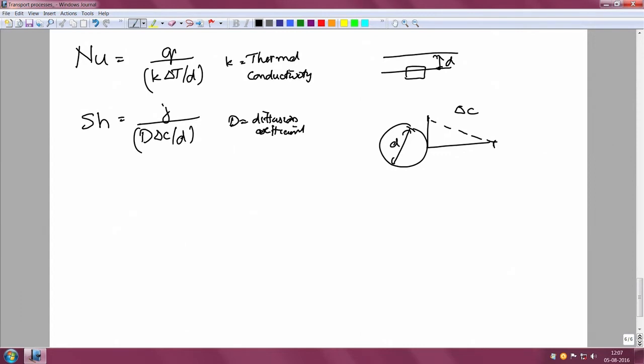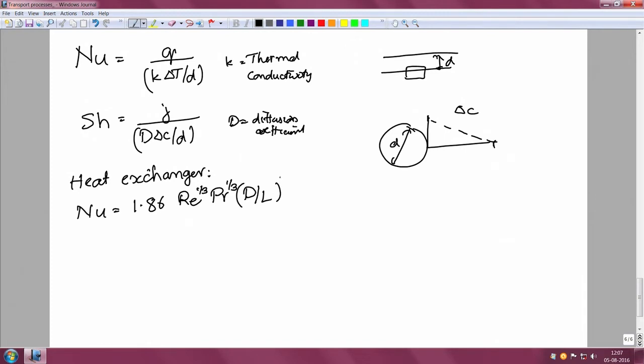Now, these dimensionless numbers can be used to compress the dependencies on those large number of dimensional parameters that I had. So, for example, for a heat exchanger problem, you have correlations of the kind Nusselt number is equal to 1.86 Reynolds number to the power 1/3, Prandtl number to the power 1/3, (D/L) to the power 1/3, for Re less than 20,000.